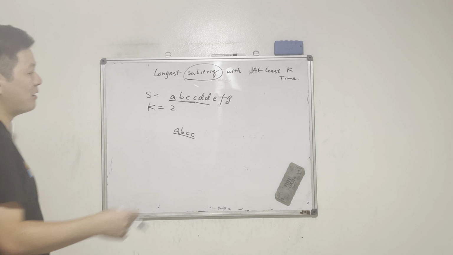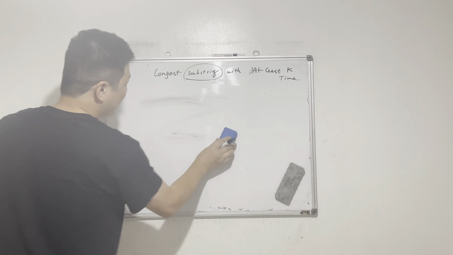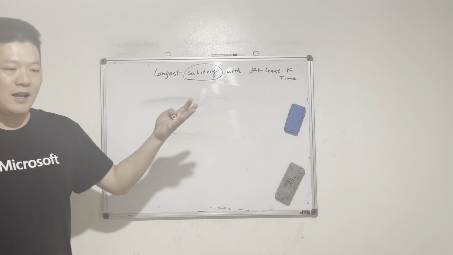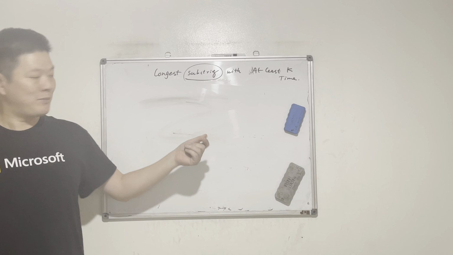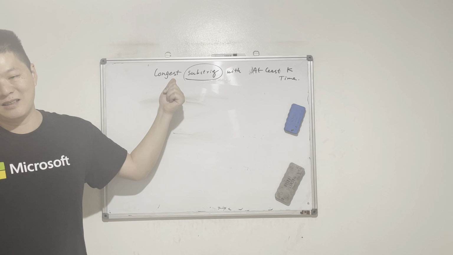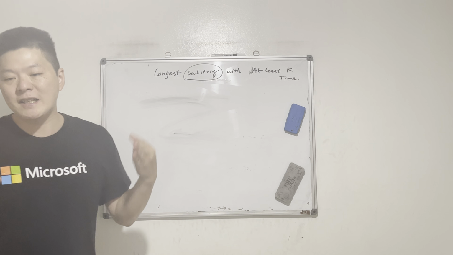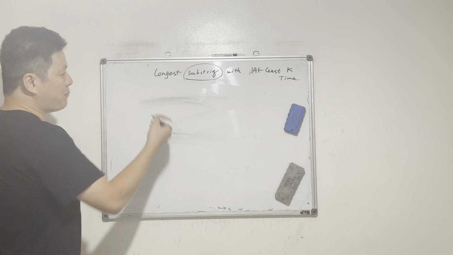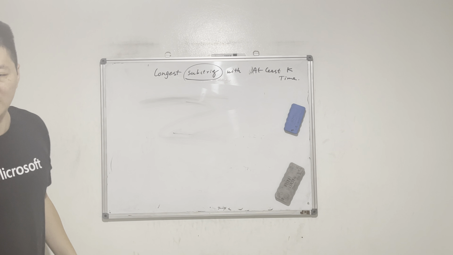So how can we do this with the substring? Almost every problem with a substring, the first idea is to do what? Brute forcing. Yeah, because we can easily brute force, right? What's the time complexity to brute force a substring?